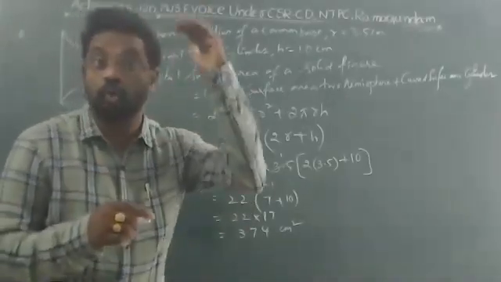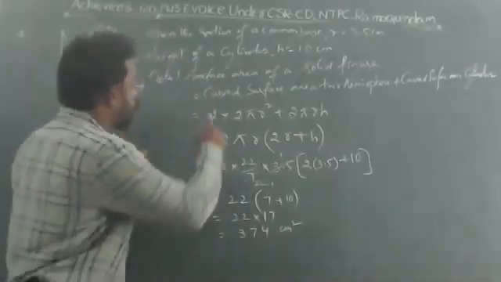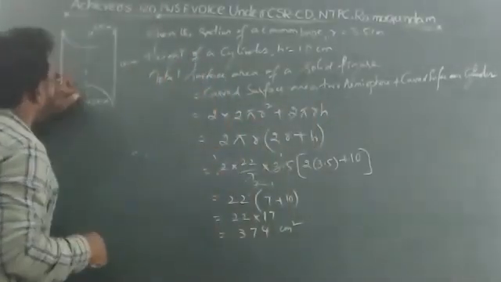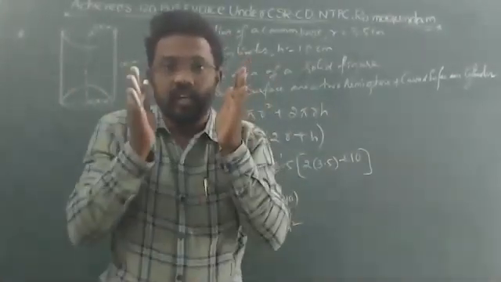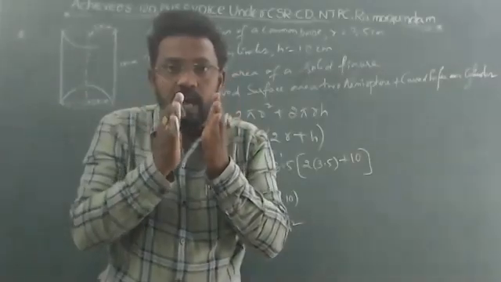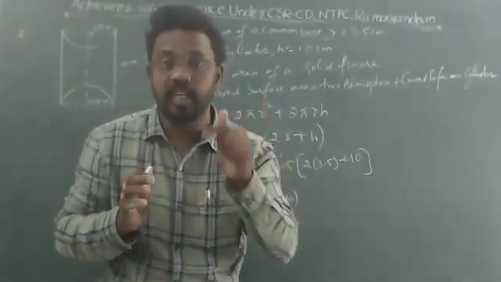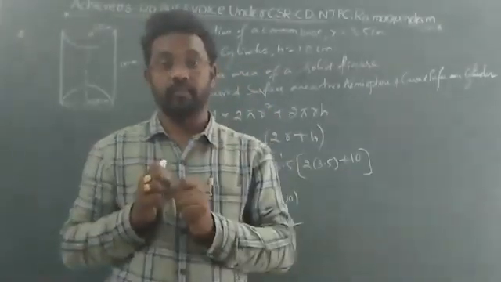See the question, total surface area he is asking. To find total, but you have to apply curved surface area. Why? Total in the sense, the combination of the multi-figures. We are doing them together, that's what he is taking. He is asking to find total, but you should not take the total formula, children.